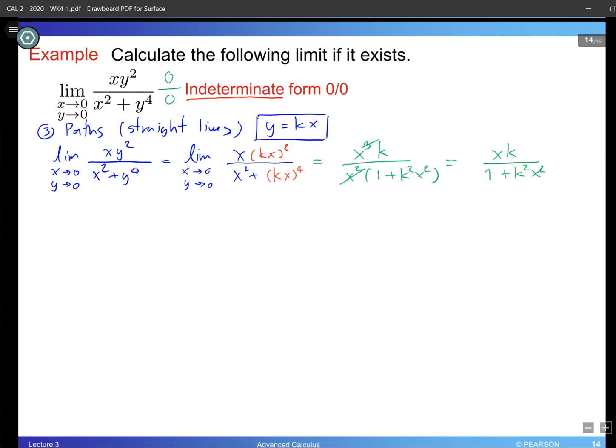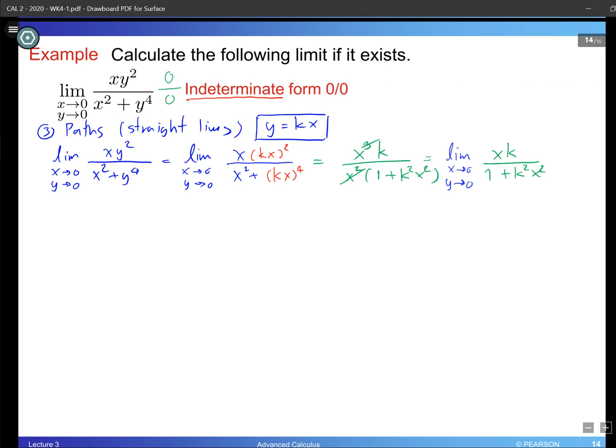Alright, let's put the limit back into this. I'm going to put it right here to save some space. So we have this equal sign right here, and the limit comes back to this point, x goes to 0 and y goes to 0. As you can see, we still have x left in this expression, so we cannot leave this out.